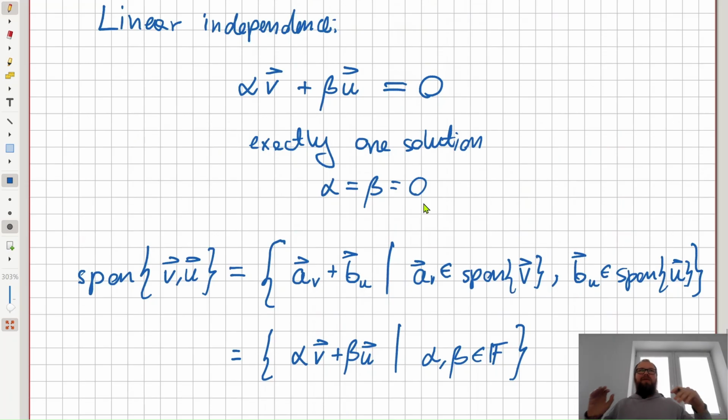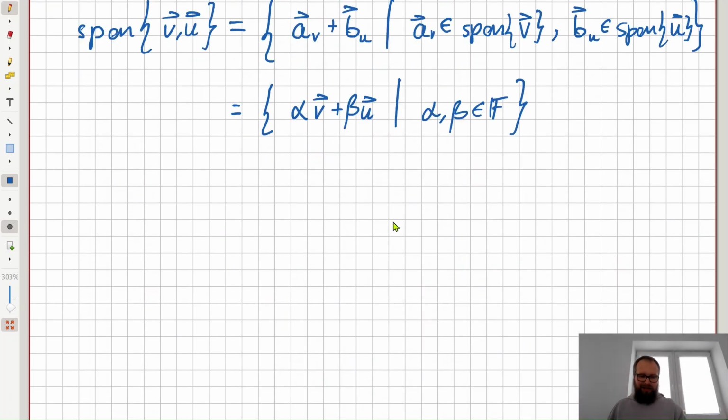So in other words, let me define something. A linearly independent set.